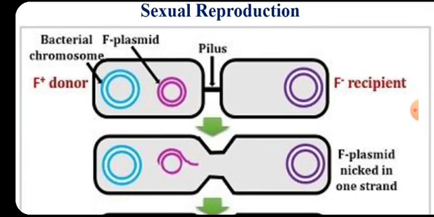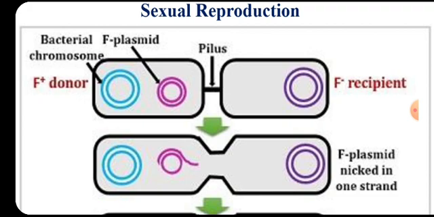In conjugation, genetic material from one bacterium is transferred to another bacterium. Genes are transferred from one bacterium to another bacterial cell. It is called conjugation.